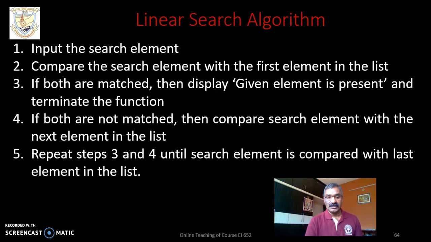That means repeat steps 3 and 4, checking whether they are equal or not. If equal, display it; otherwise go to the next element. Repeat steps 3 and 4 until the search element is compared with the last element in the list. So till the list is over, you go on comparing with the individual elements of the list.